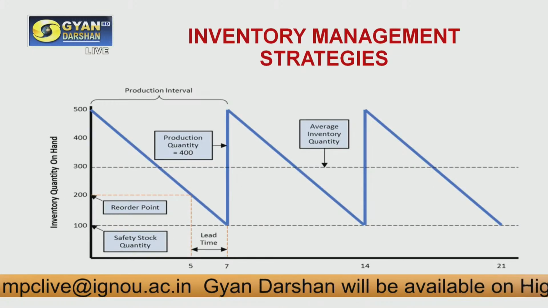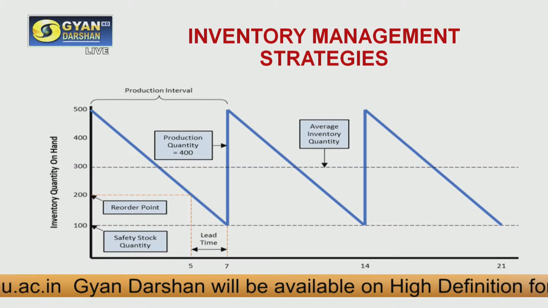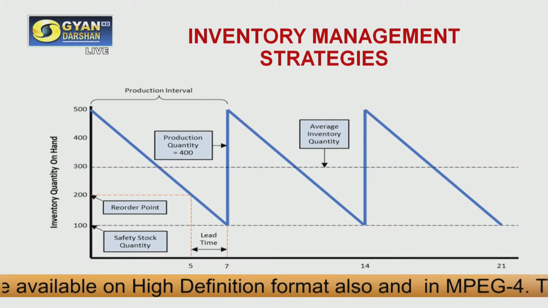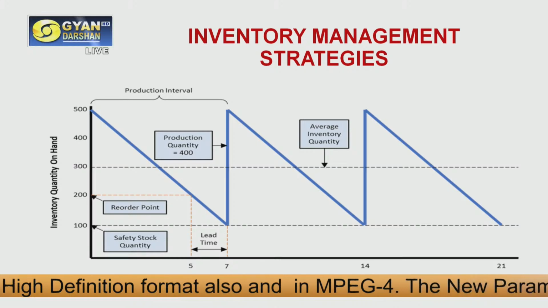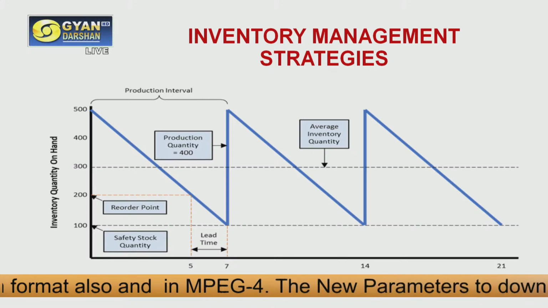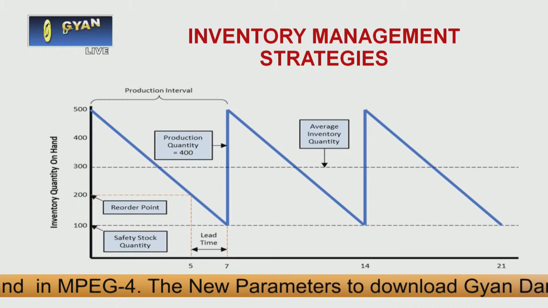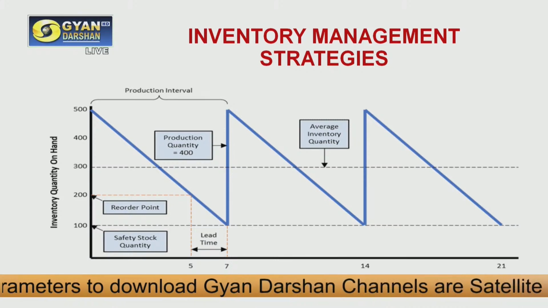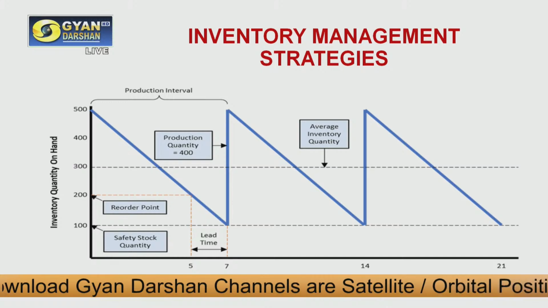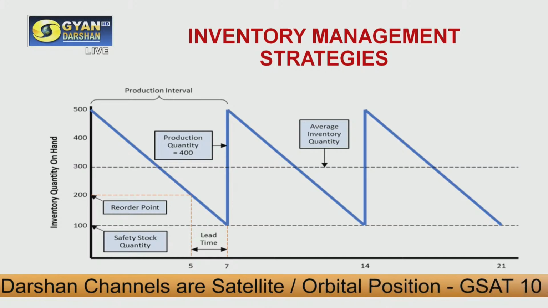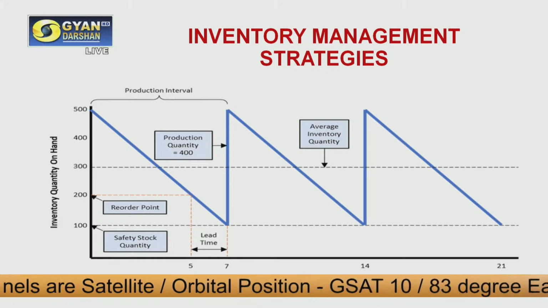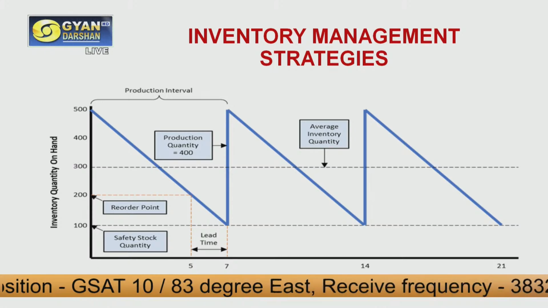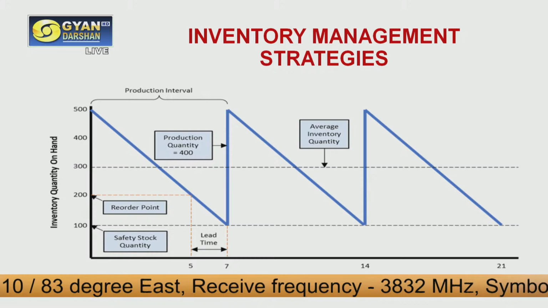Before I start telling you the concept, this is the basic sawtooth diagram. It is drawn between number of days and the inventory quantity on hand. It looks like a sawtooth, which is why it is named the sawtooth model. There are a few terms: maximum level, safety stock, reorder point.